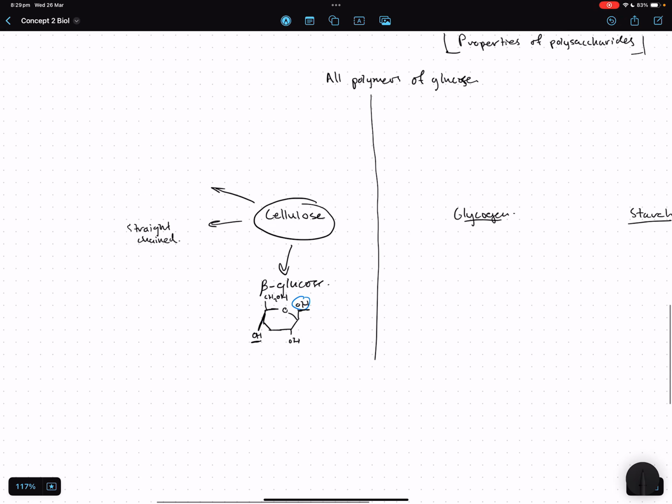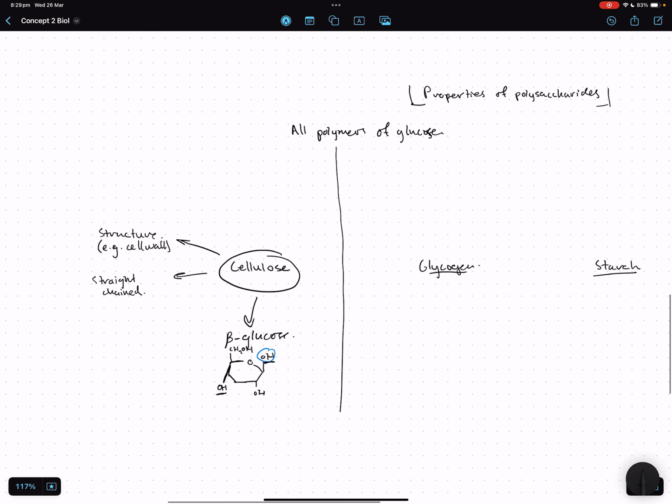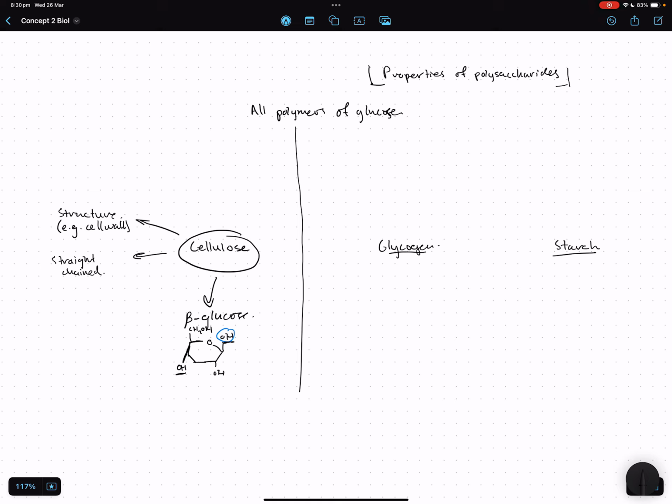It provides structure. That's very important, like for the cell wall, for example. And it also forms H bonds, so hydrogen bonding with other cellulose strands.